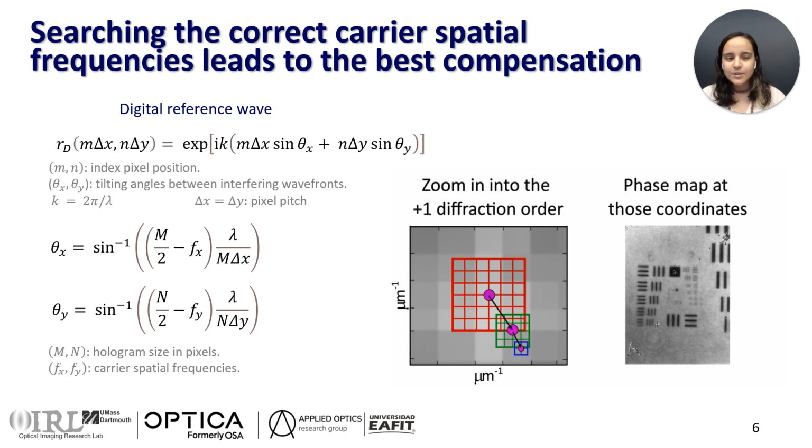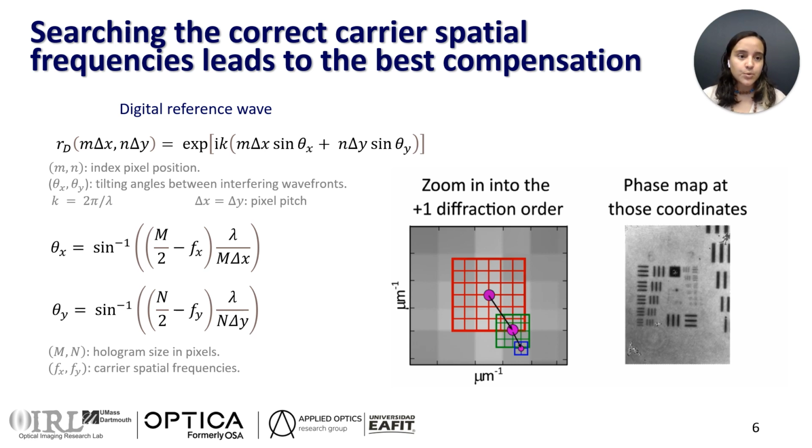Therefore, our mean slope must be around zero, and we repeat this process over the stack of holograms that we have. The second metric we use is the compensation time on a personal computer, because we need to know how long it takes to compensate each image.